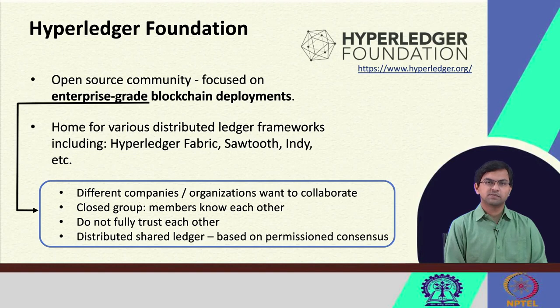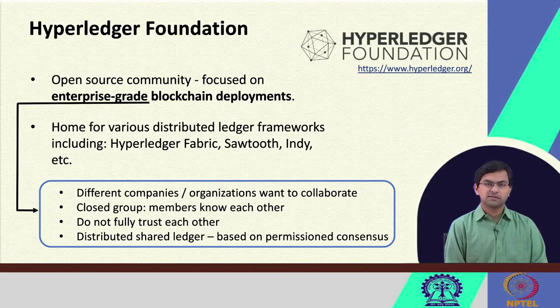So why enterprise grade? These particular use case scenarios include different companies or organizations which want to collaborate. These organizations are forming a closed group where the participant members know each other. Therefore this is a closed group, and hence we use these permissioned blockchain platforms in these cases.